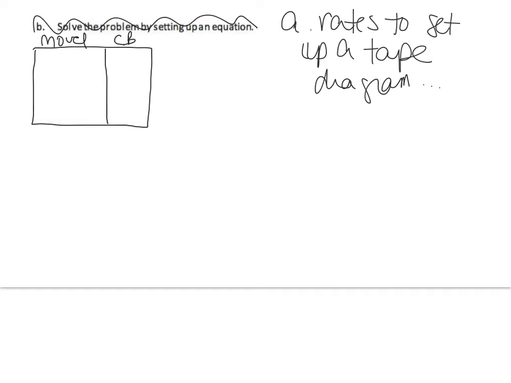So on day one, let's say we've got all printers, right? On day two, let's erase that.